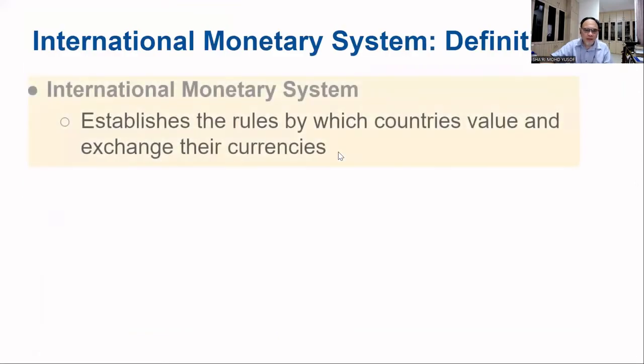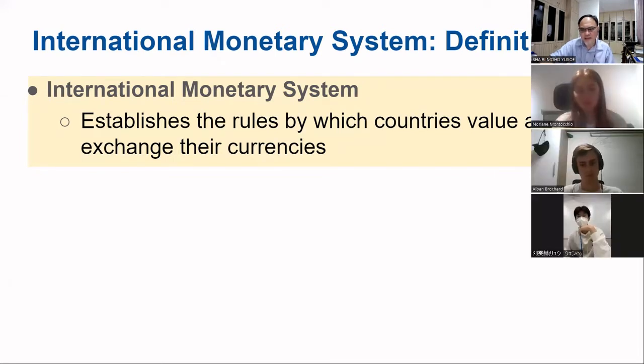Okay, right. Before we go further, let's put some definitions first. So when we say international monetary system, it is a system which tries to establish rules by which countries determine the value of their currency and the exchange of their currencies with regards to any trade or any kind of business transactions.